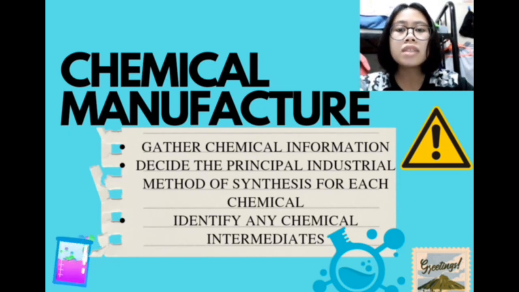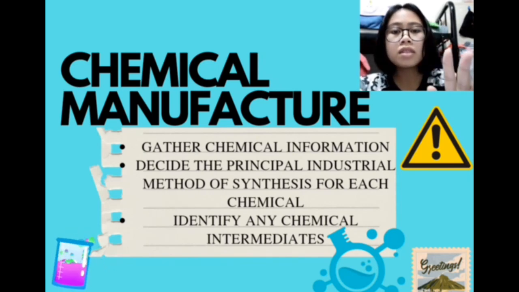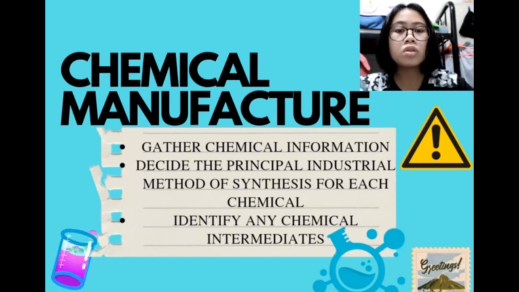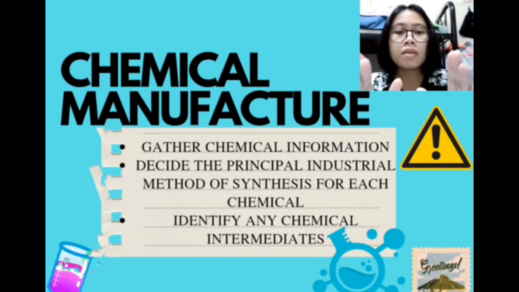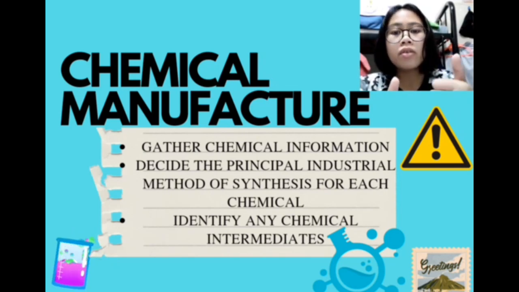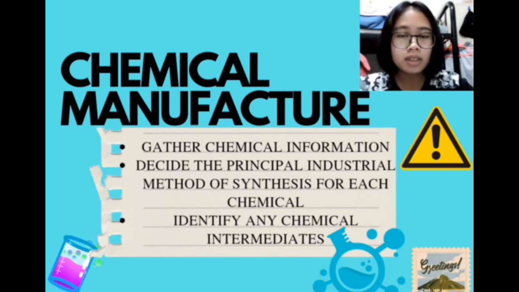Following that, they must decide the principal industrial method of synthesis for each chemical in the use cluster, and then create a chemical manufacturing process flow diagram for the primary mode of synthesis that includes primary unit operations, their interconnection, and sometimes state conditions, and could also include a stream table. Next, they must identify any chemical intermediate, catalyst, feedstock, chemical product, or byproduct that may be released throughout the synthesis.